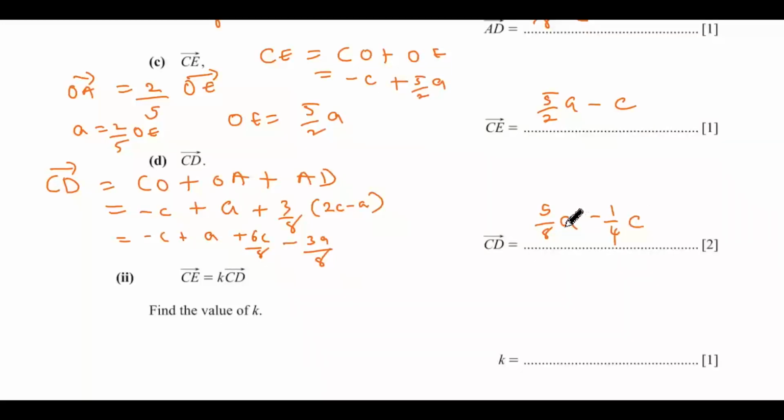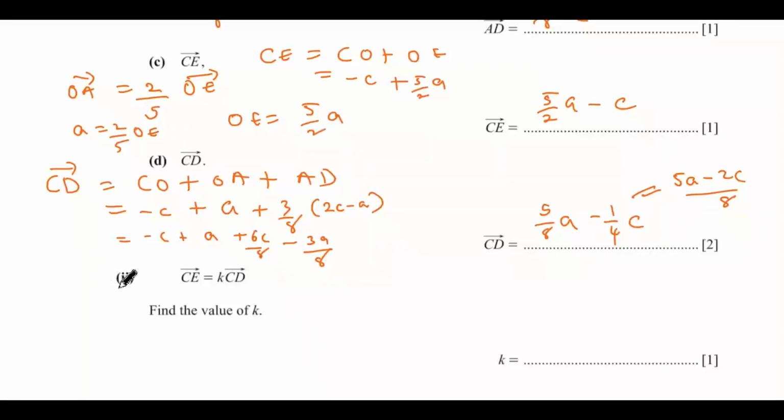So that will be the answer there. And of course, you may want to rewrite this as 5a minus 2c, then over 8. If you find the LCM of 8 and 4, you write it as a single fraction. So this will be the equivalent.